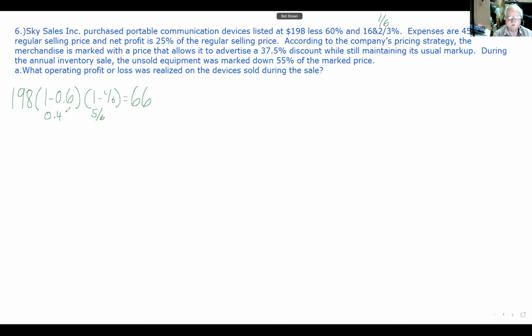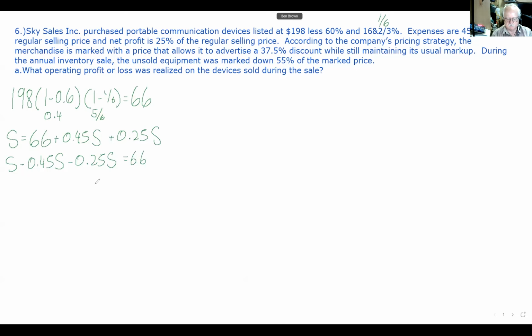So armed with that information, we can figure out the regular selling price equals cost, which is 66 plus 0.45 S plus 0.25 S. So these have to leap over: S minus 0.45 S minus 0.25 S equals 66.